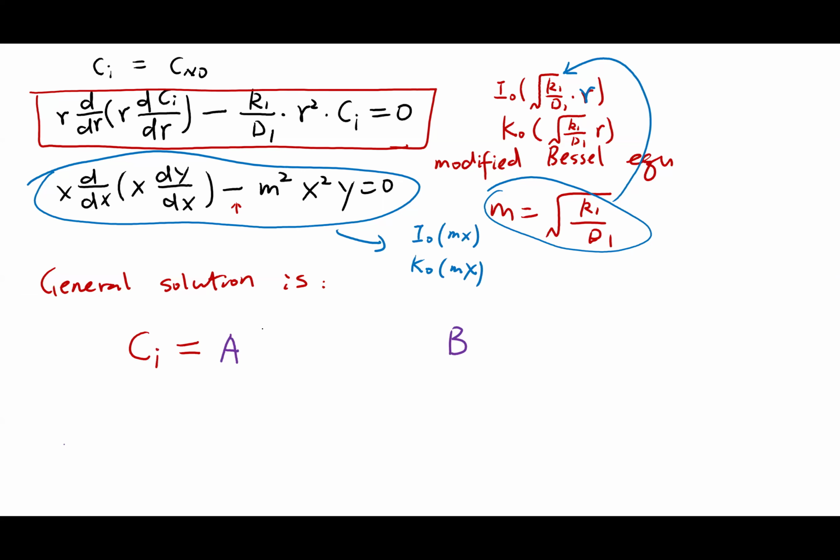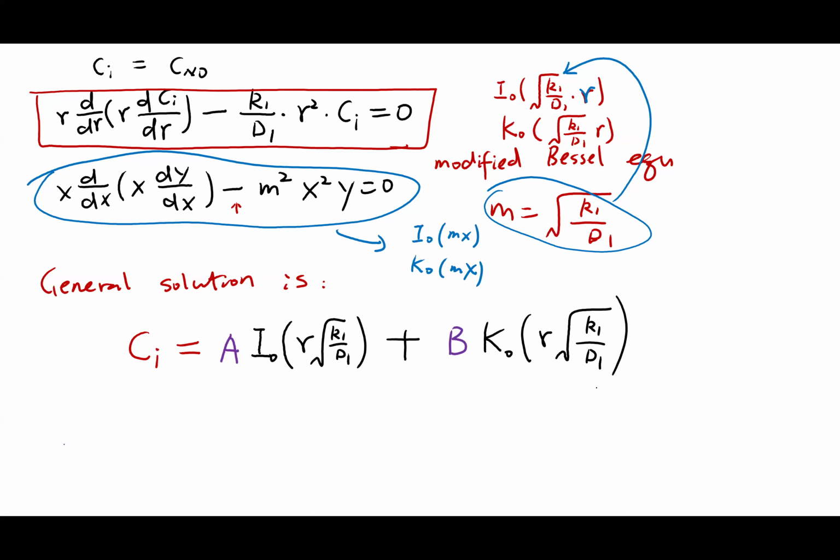The first one is A times I0(r times square root of k1 over D1), plus B also times K0(r times square root of k1 over D1), okay? But then the next question is, how do you determine A and B? When you try to determine A and B, you have to use the so-called boundary conditions.